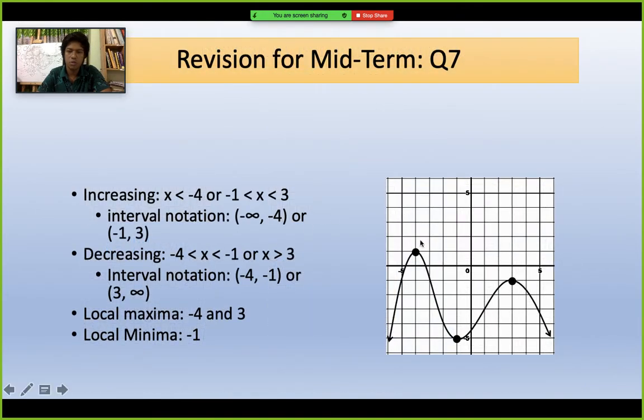This question also, like this is our local maxima, this is our local minima. Domain is from minus infinity to plus infinity. Range is from +1, this is +1, see, to minus infinity, that is the range. Increasing is from minus infinity to -4, then decreasing is from -4 to -1, then again increasing from -1 to +3.